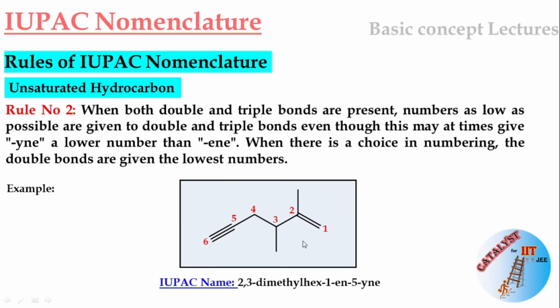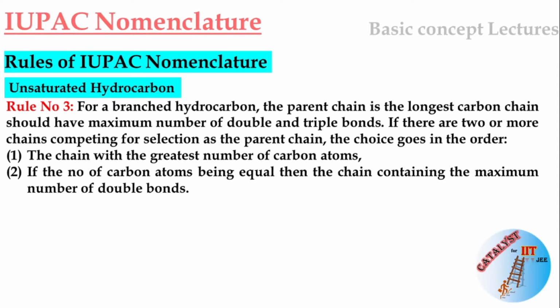In this example, there is only one parent chain possible. Sometimes it happens that two or three parent chains are possible, so it is difficult to select the correct parent chain.